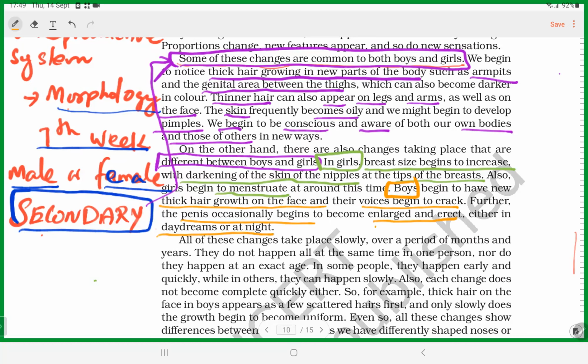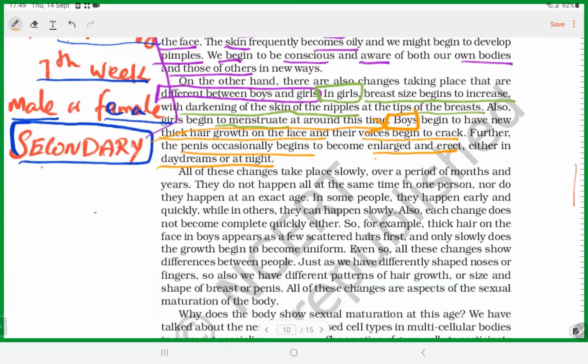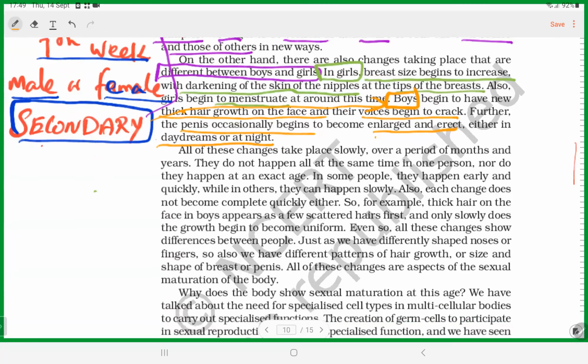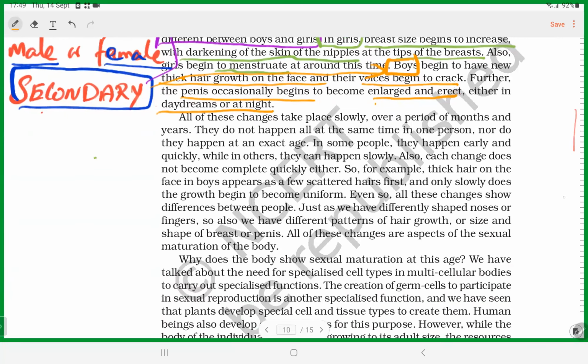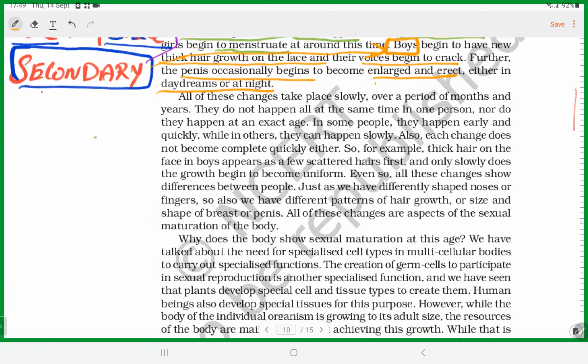So they are the secondary sexual characters in boys. Can you understand? Is it clear? Yes. So common secondary sexual characters in both boys and girls you should know, secondary sexual characters in boys you should know, and secondary sexual characters changes in girls you should know.